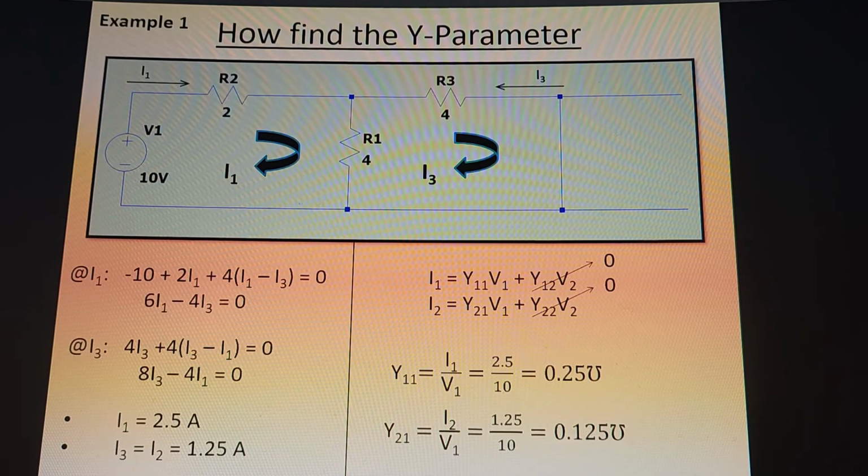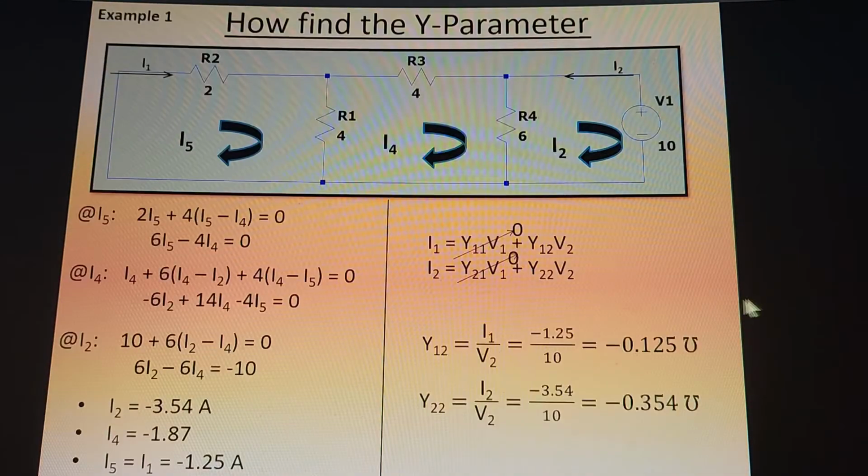This exact process is then carried out with the power source on the opposite side. Due to the configuration of the circuit, though, there are no resistors deleted. To avoid a little bit of redundancy and to capture the most important point, when these three mesh equations are found and calculated, we get all the currents that we need to come up with Y12 and Y22, again being just I1 divided by V2 and I2 divided by V2.